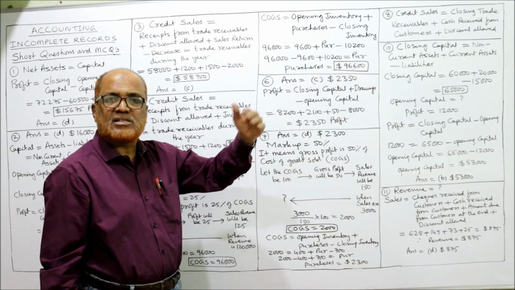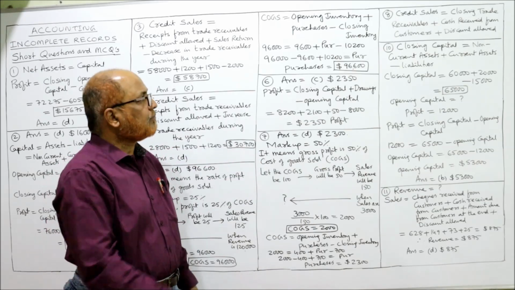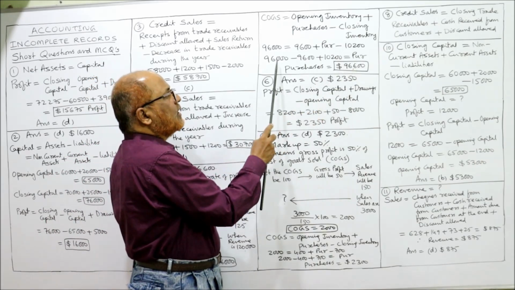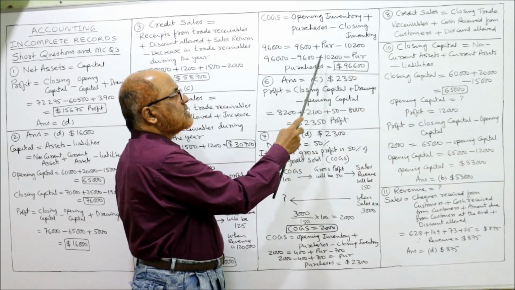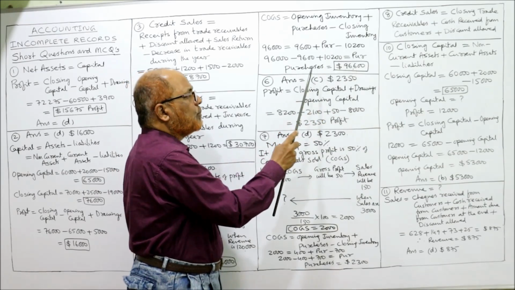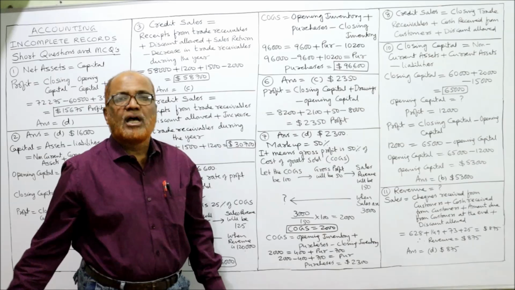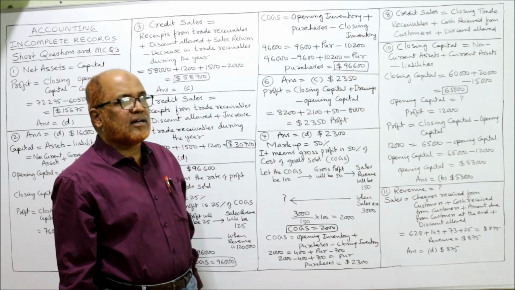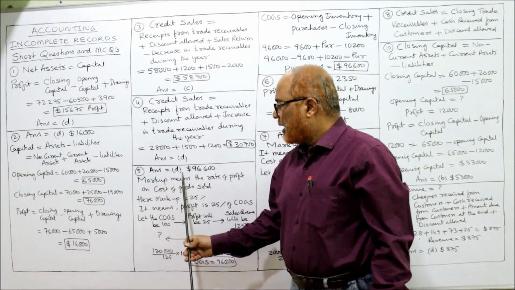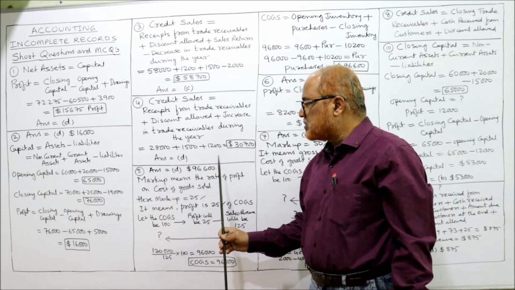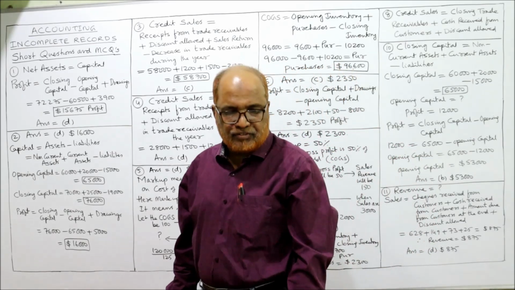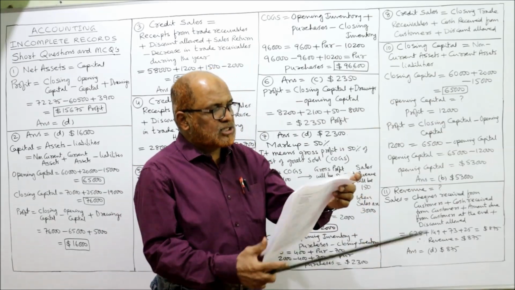So 96,000 minus 9,600 plus 10,200 is equal to purchases. Purchases is equal to $96,600. That is the answer. Answer is D, $96,600. Fifth problem completed.